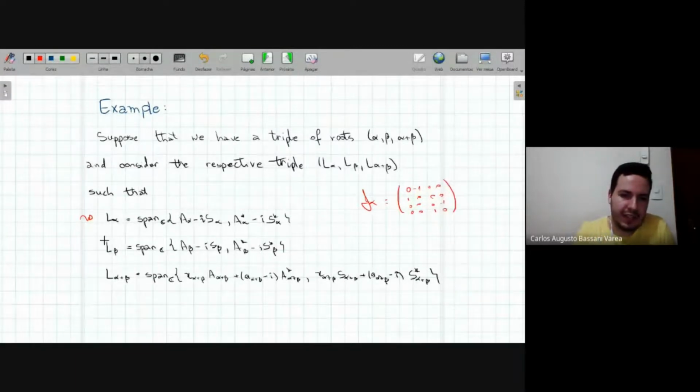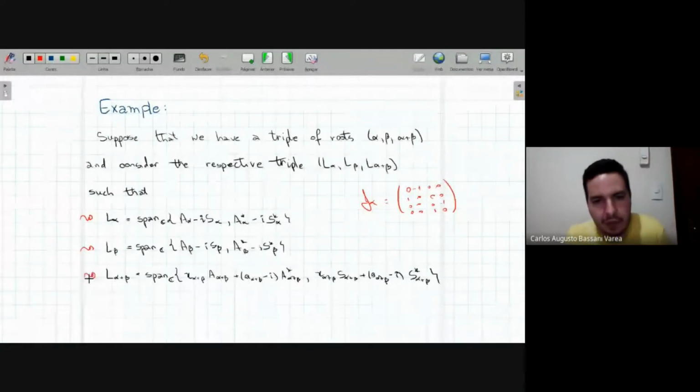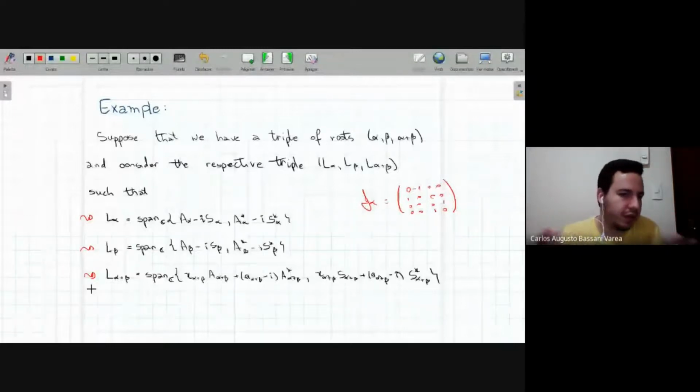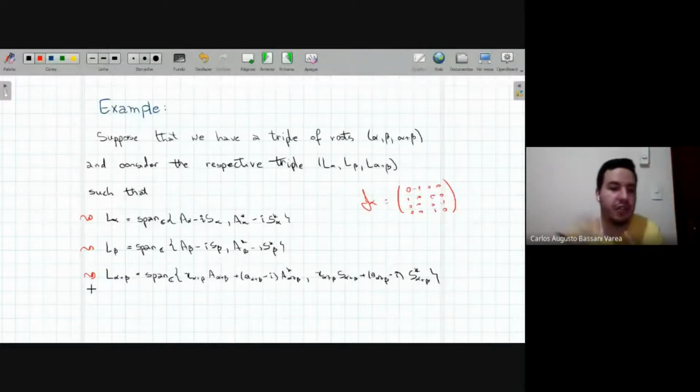J beta is the same, and J alpha plus beta is of non-complex type. So to analyze, the idea is just to analyze the Nijenhuis operator restricted to the eigenspaces of this triple.